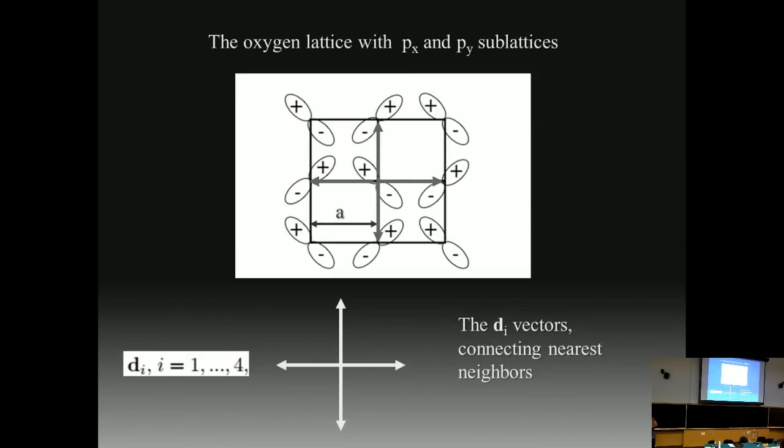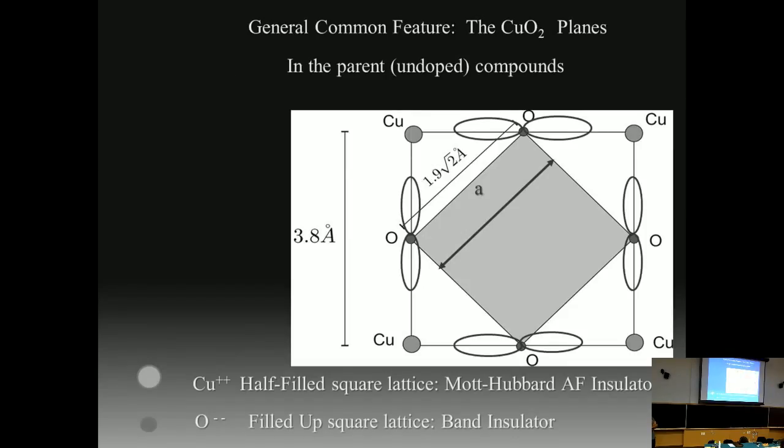Yes, but usually, if you have orbitals, and you give them the freedom to rotate, when you look at your ground state, they should be rotating in a way that the inner lobes all have the same sign, because this maximizes hopping. So I don't understand why you have minus on the upper lobes and pluses in the lower lobes. Okay, this is frozen.